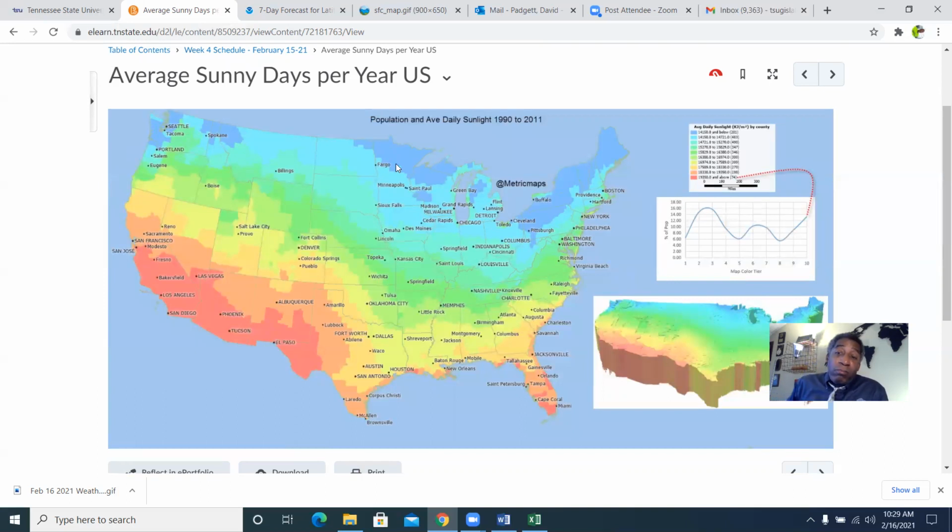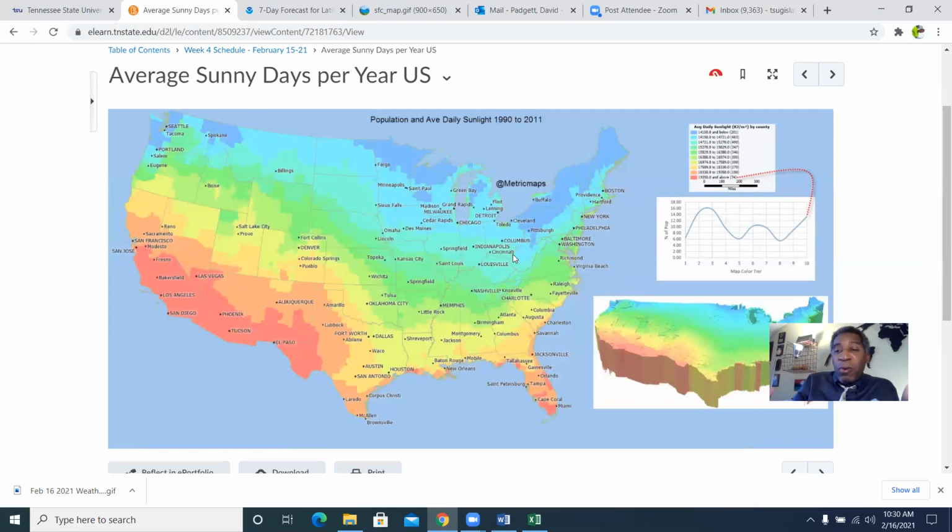There are people who are, in some cases, extremely negatively affected by lack of exposure to sunlight, and they can fall into depression that has to be treated by a medical or psychological professional. So people who live in those areas might suffer from that. But this is clearly a map of climate.